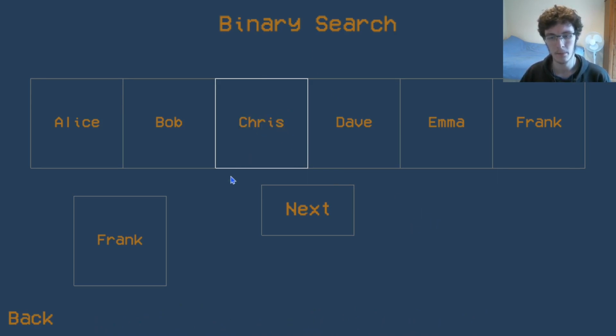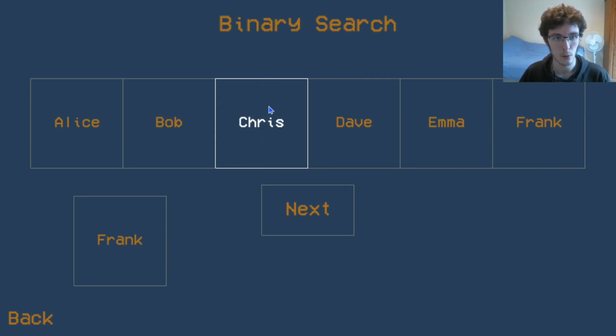We've got Chris here. And if we're comparing Chris to Frank, if and only if the whole collection is sorted, we can make an additional assertion. We can say that Frank is not equal to Chris, like we could with linear search, but we can also say that Frank, our target value, should come alphabetically after Chris, or maybe if this was sorted in reverse order, and we'd have Frank this side and Alice this side, we would know that Frank needs to be the left of Chris.